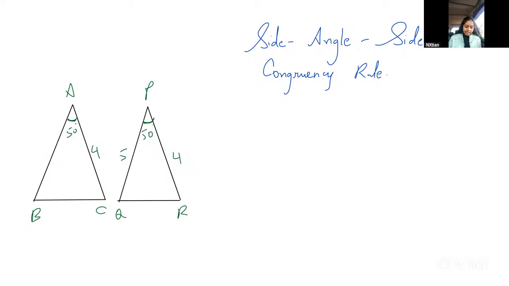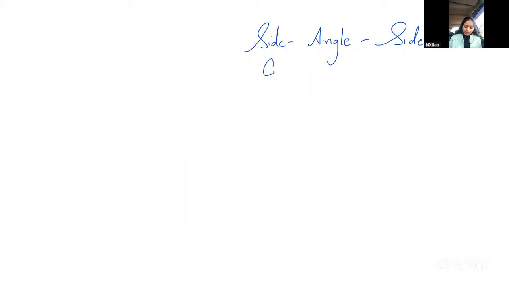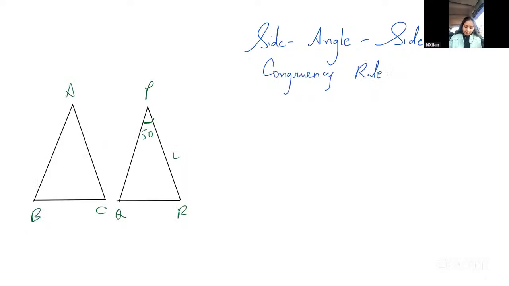Look at another example. For example, same triangles we will use. This time let's take BC, say BC is 5. QR is the side that corresponds to BC, base to base, so QR also has to be 5.